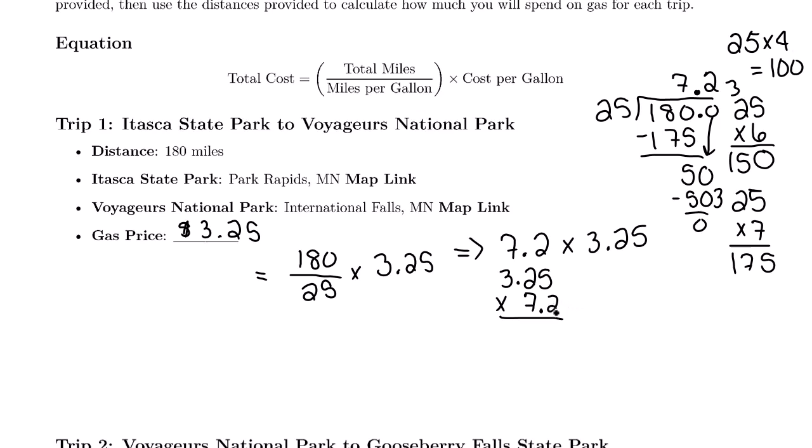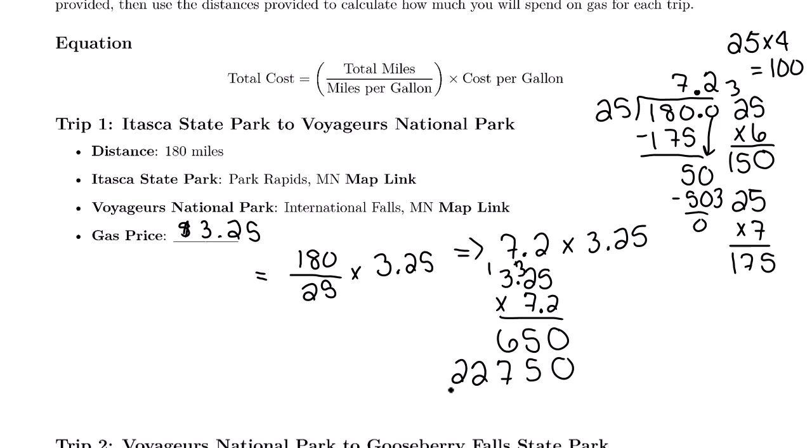We're just going to multiply it like usual. 2 times 5 is 10. 2 times 2 is 4, plus 1 is 5. 2 times 3 is 6. Now we have to add a 0 and then multiply regular again. 7 times 5 is 35. 7 times 2 is 14, 15, 16, 17. And then 7 times 3 is 21, 22.